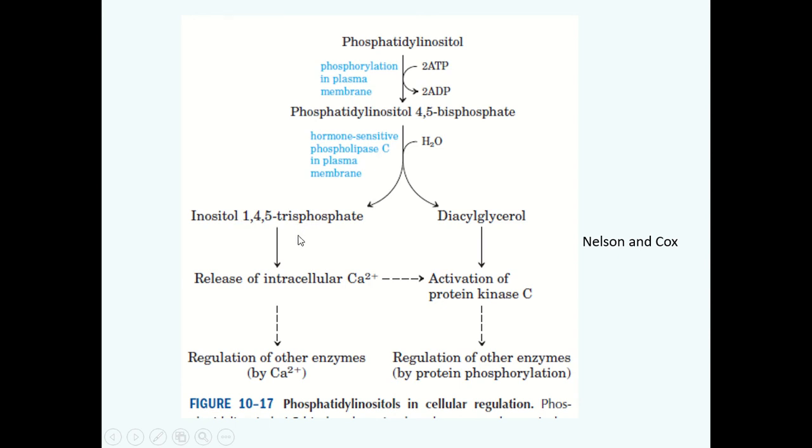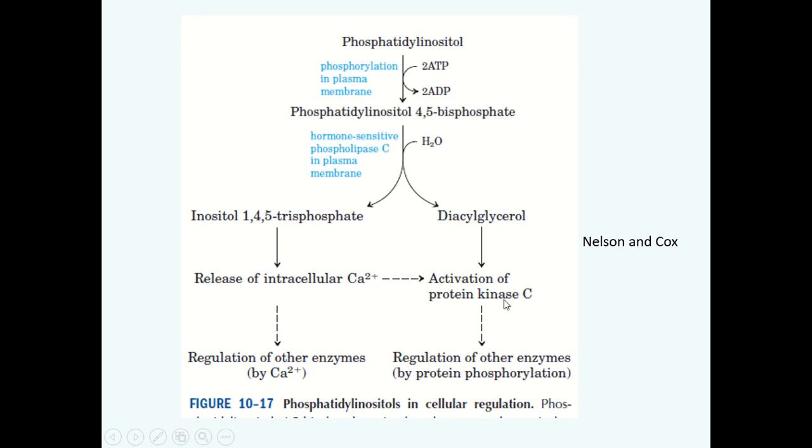This inositol triphosphate results in the release of calcium, and hence it regulates various cellular processes like activation of calcium-dependent enzymes, cell secretion, muscle contraction, and several other functions. The remaining part of the molecule is called diacylglycerol. Diacylglycerol binds and activates an enzyme called protein kinase C.